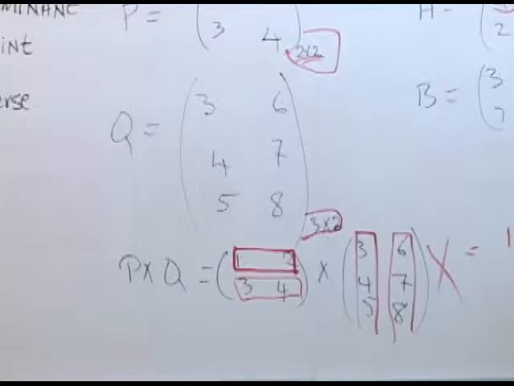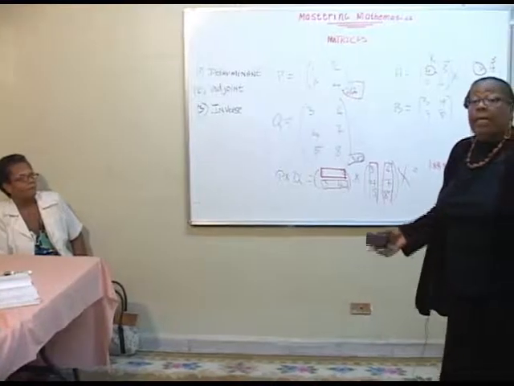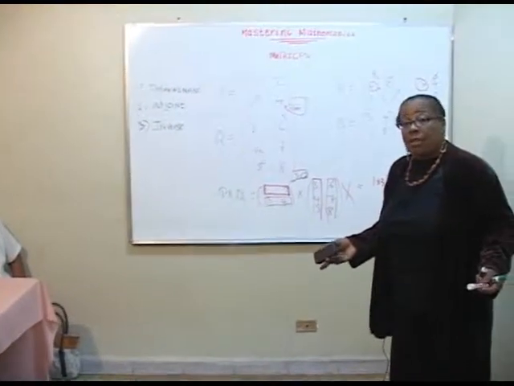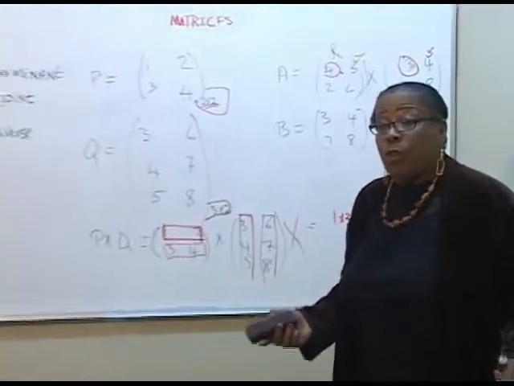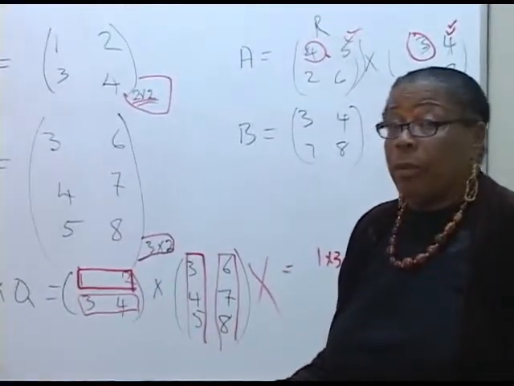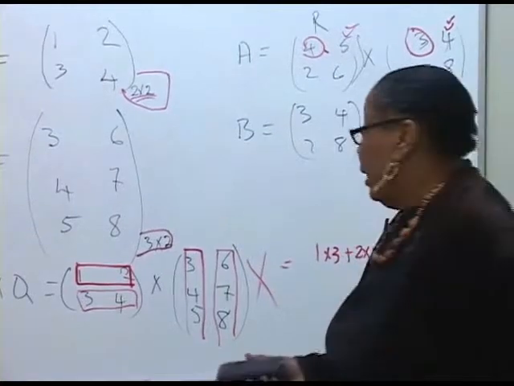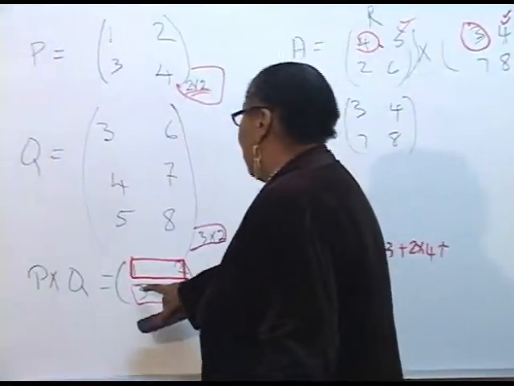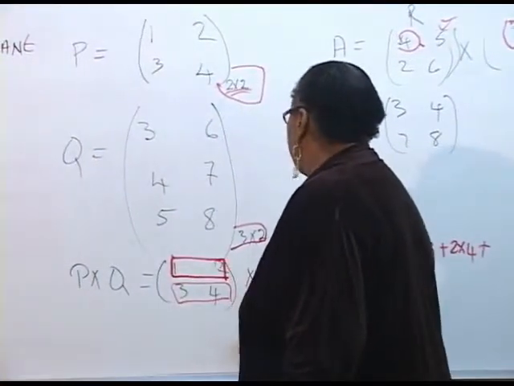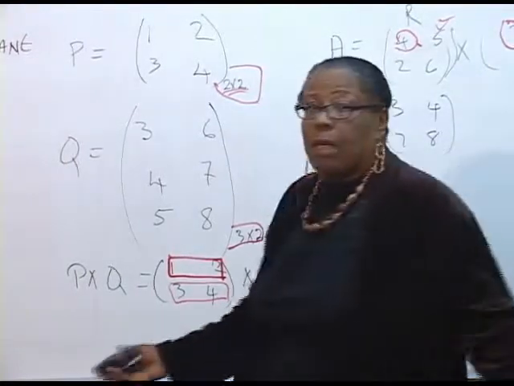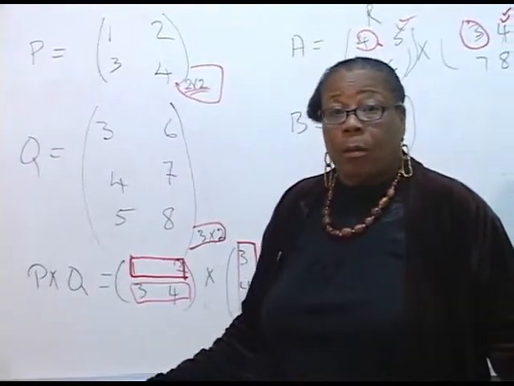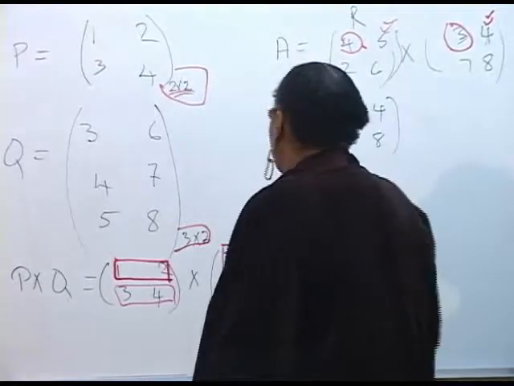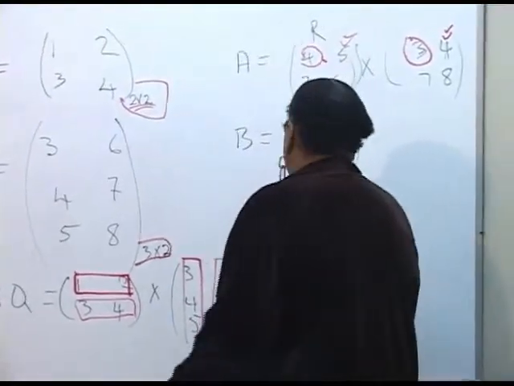So this cannot be done, and we see that right away. These are some of the things CXC can ask you in that multiple choice paper: which one of these multiplications is impossible? And we know why. Even if you're doing your multiplication here, watch: 1 times 3, 2 times 4, what times 5? There's nothing to go with it. So the order must be the same.